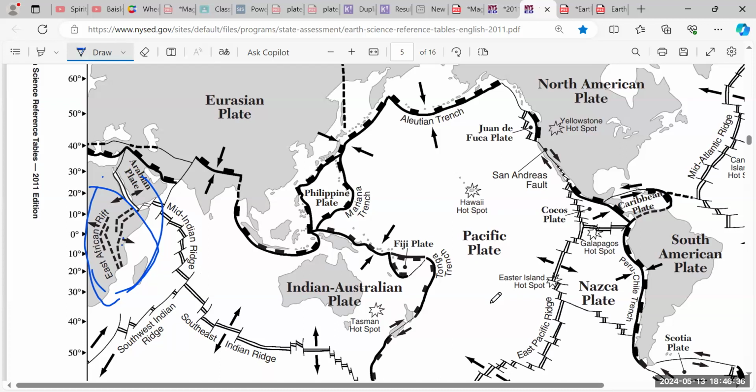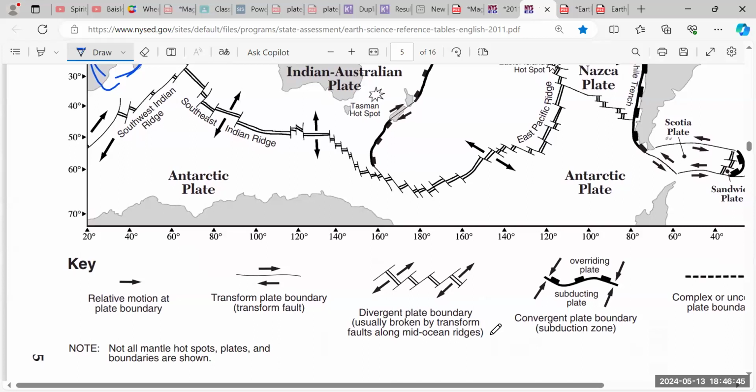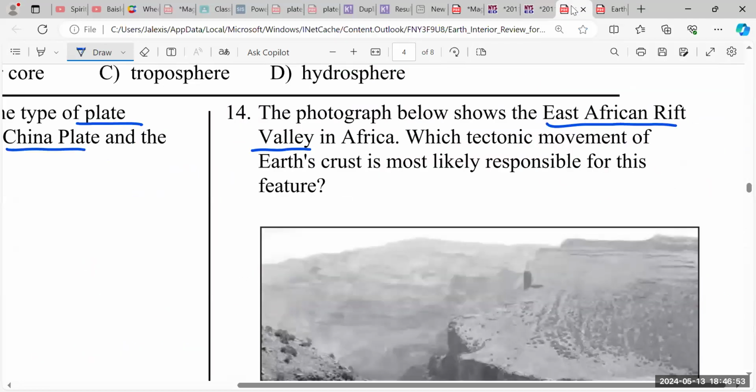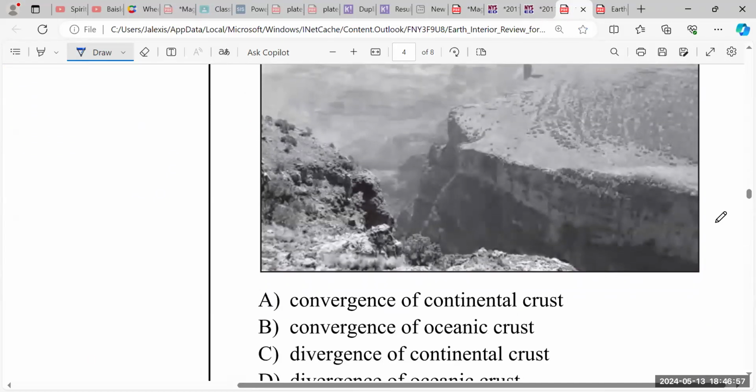They're moving away from each other, right? If they're moving away from each other, doesn't that movement show something similar to the divergent plate boundary, where plates are also moving away from each other? And in class, we've even learned that rift valleys are created by divergence.